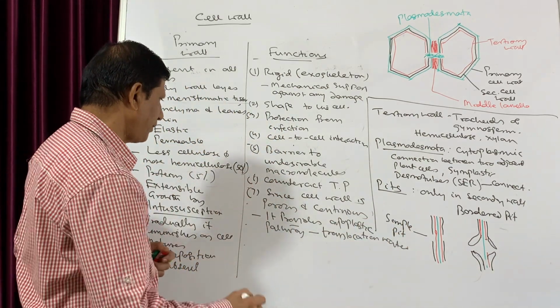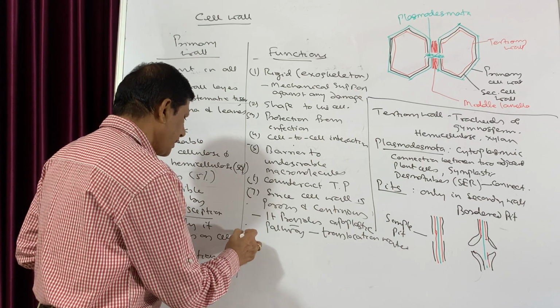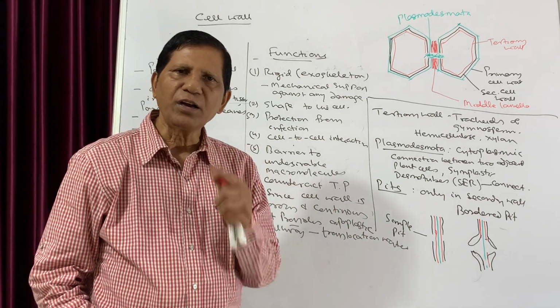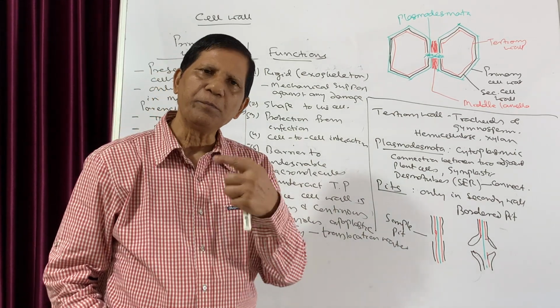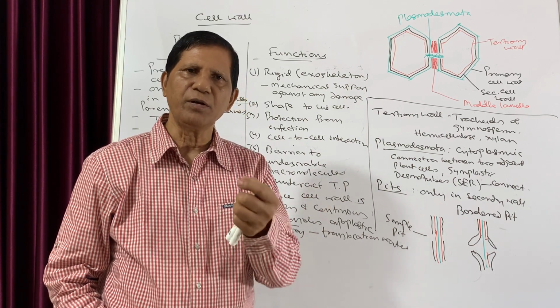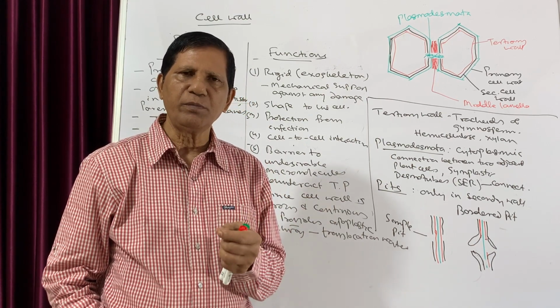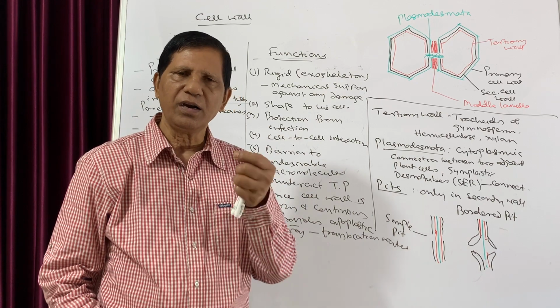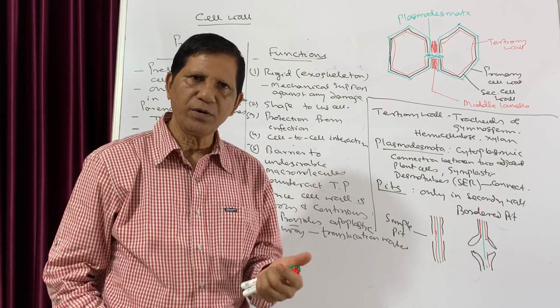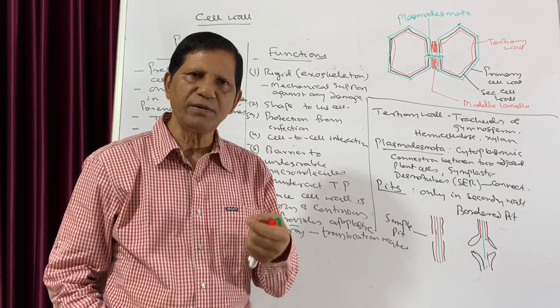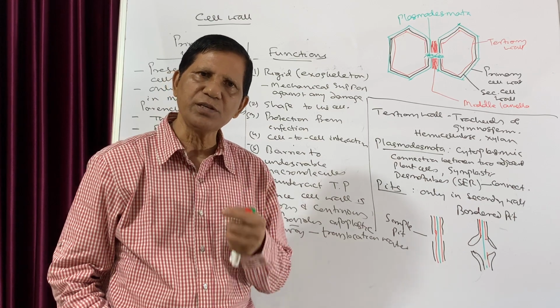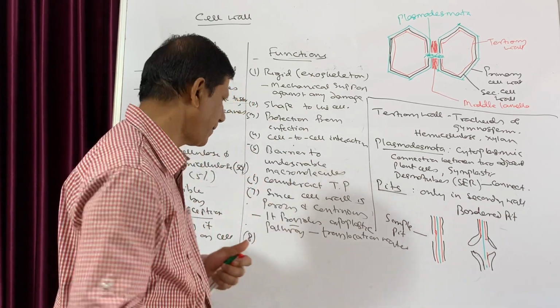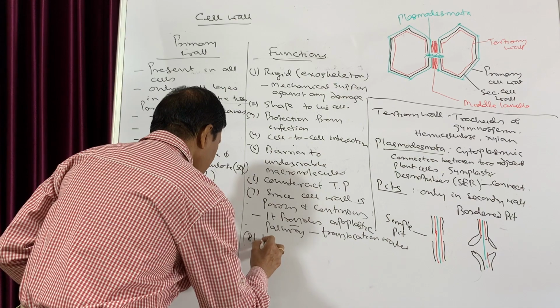And another important function is the cell wall determines the fate of the cell during development. That means whether a cell will be root or a leaf or flower bud, what type of cell it will give rise to, depends upon the cell wall at the time of development only.